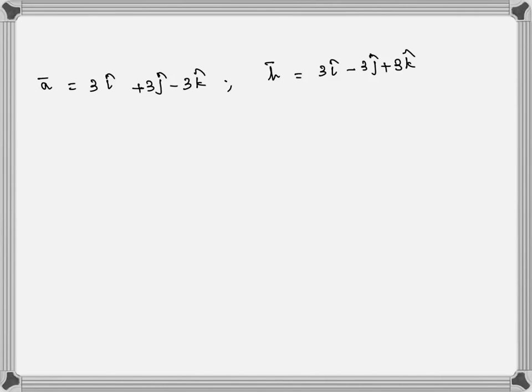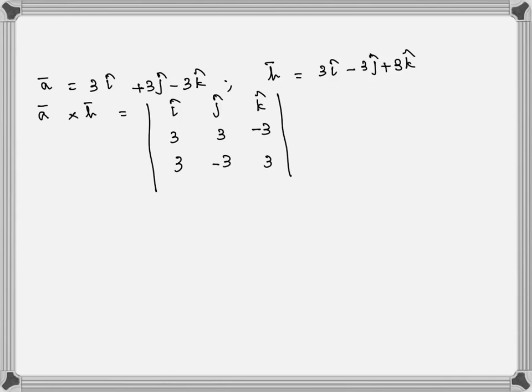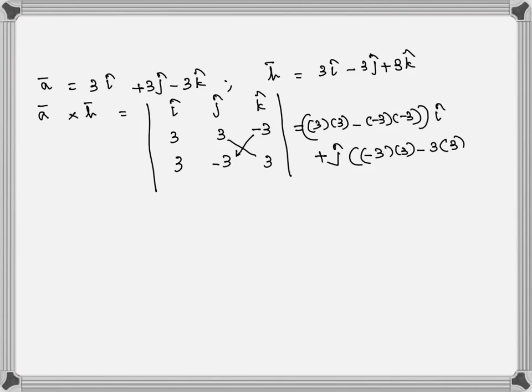So A cross B is the determinant where the first row is ijk, the second row is the components of A, and the third row is the components of B. Using the formula we just discussed, that is 3 times 3 minus negative 3 times negative 3, and that is the i component. Then for j, we said that you have to switch the sign, so it will become negative of 3 times 3 minus 3 times 3.